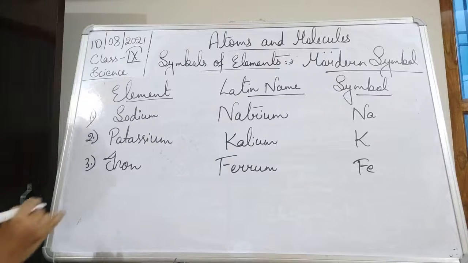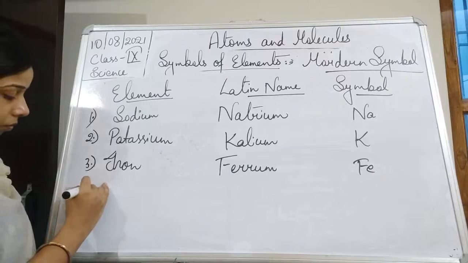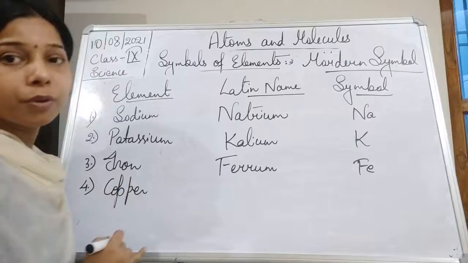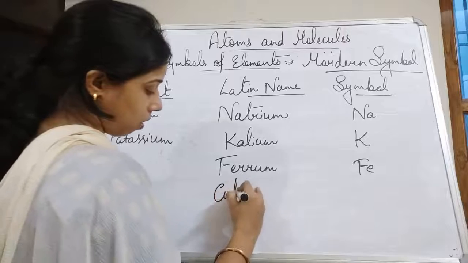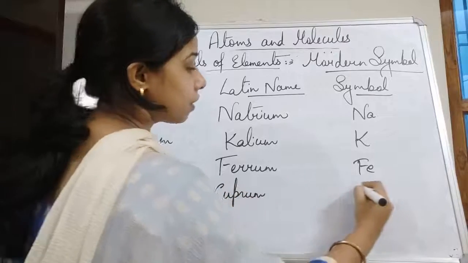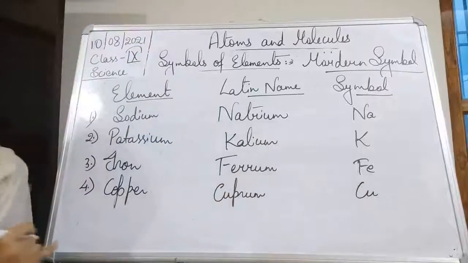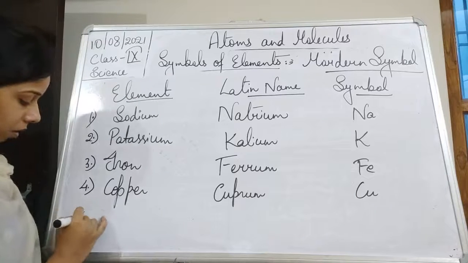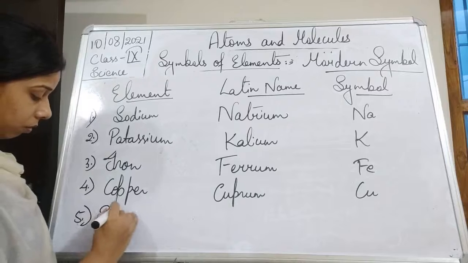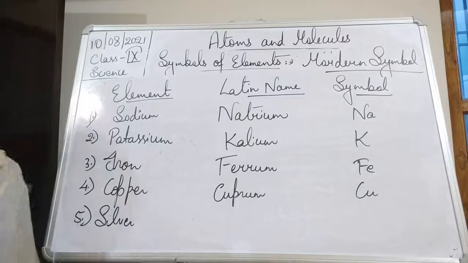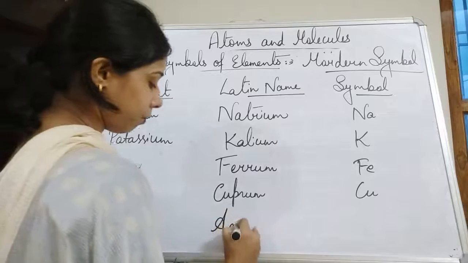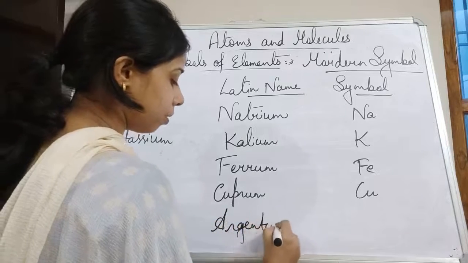Then copper, cuprum. Symbol is Cu. Then silver. The symbol that we use here is Ag, from argentum.